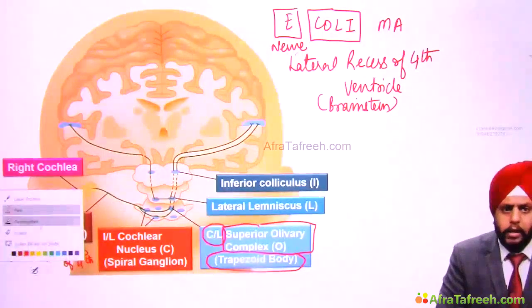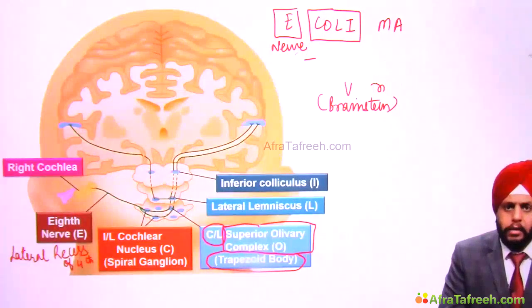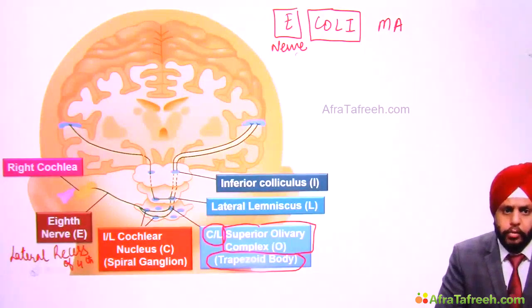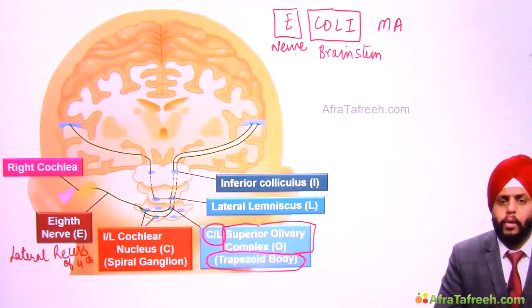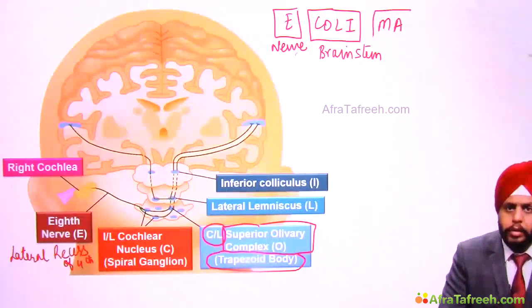So that means the coli that I have just shown you over here, cochlear nucleus, superior olivary complex, lateral lemniscus, and inferior colliculus, is all part of the brainstem. And what is ma? The ma is cerebrum.